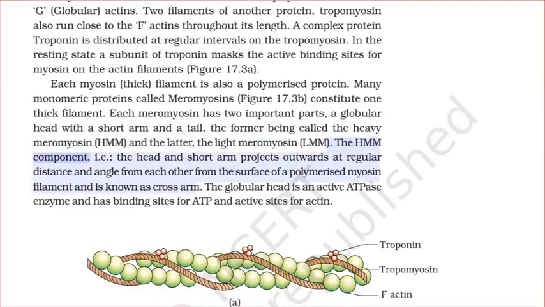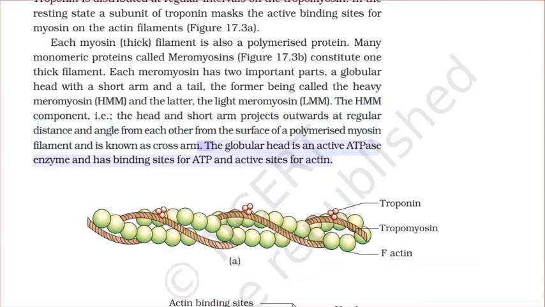The HMM component, that is, the head and short arm, projects outwards at regular distance and angle from each other from the surface of a polymerized myosin filament and is known as cross-arm. The globular head is an active ATPase enzyme and has binding sites for ATP and active sites for actin.